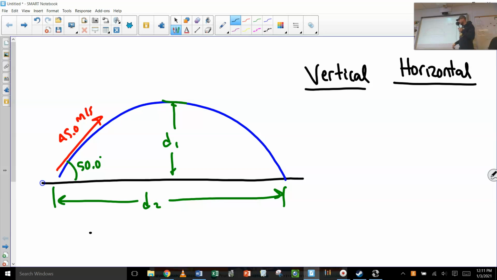And along with that comes my initial launching. I want to make sure that I break this into its x and its y component. So I'm going to use the sine and the cosine to do that. So I'll take 45 times the sine of 50, and you end up with 34.5. And I'm going to take 45 times the cosine of 50, and you end up with 28.9.